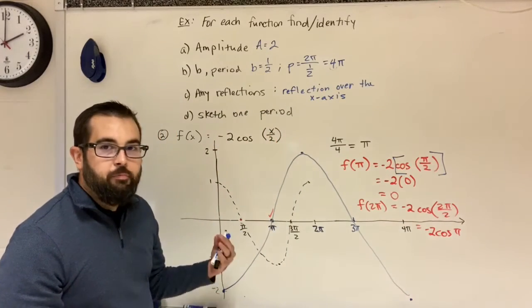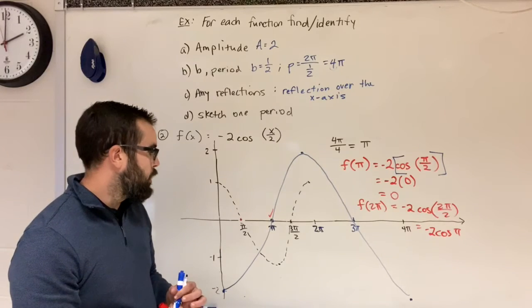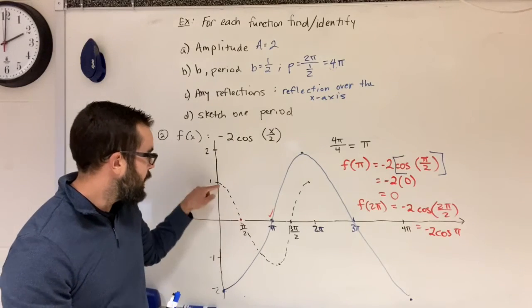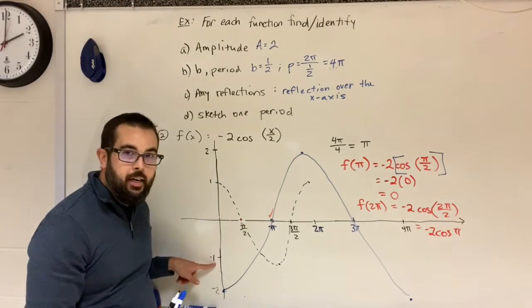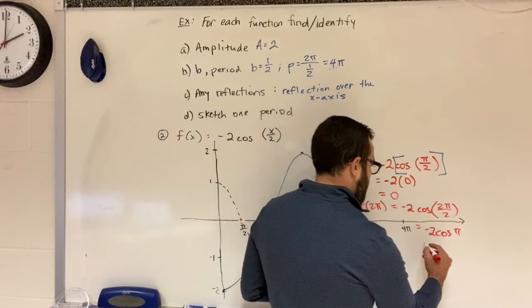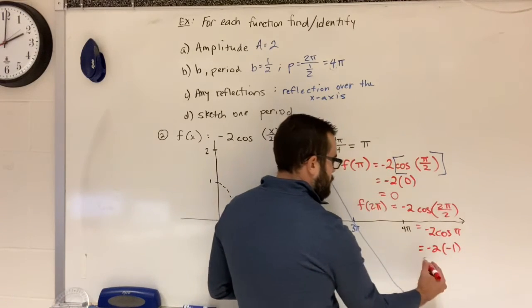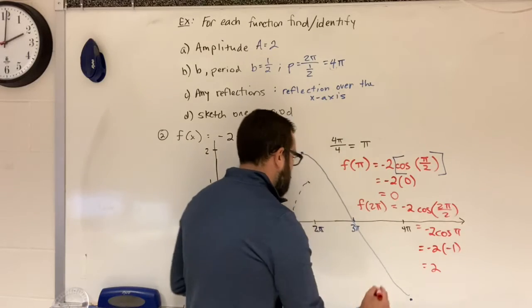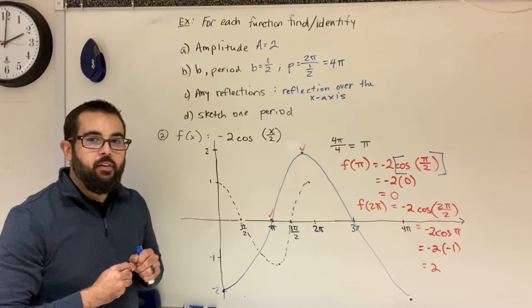And the cosine of pi is negative 1. If we're following this graph, the black graph, the parent, cosine of pi is negative 1. So negative 2 times negative 1 is 2. Again, we just verified our graph by evaluating.